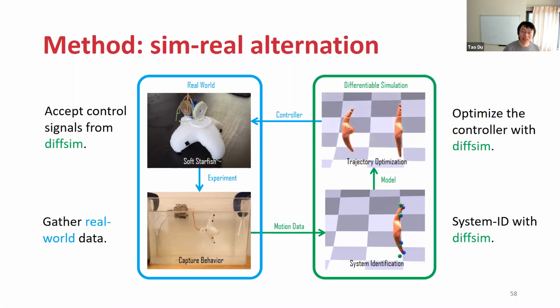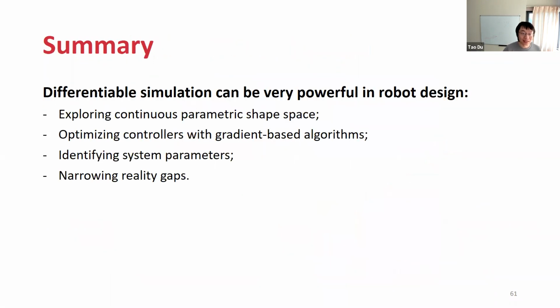Okay, so let's move on. Actually, I think I'm about to close this talk. Just to summarize what we have learned from the third part of this talk, we showed in a few potential applications that differentiable simulation, especially once it is equipped with more sophisticated physical phenomena, can be a very powerful tool in robotic design.